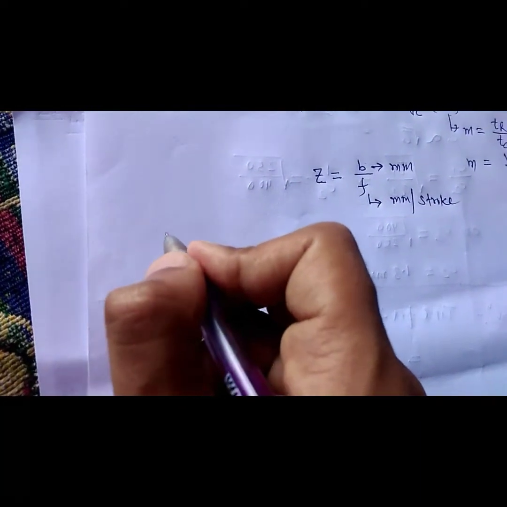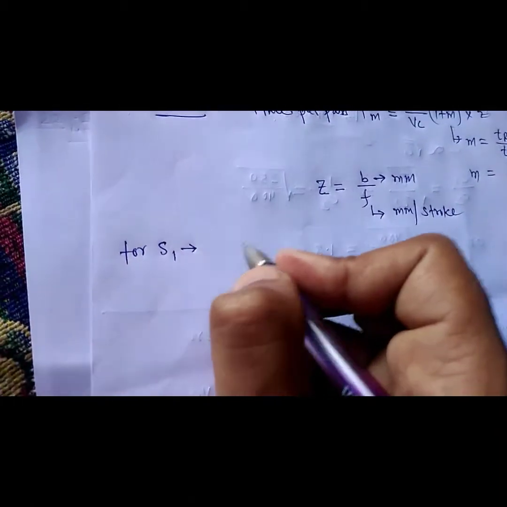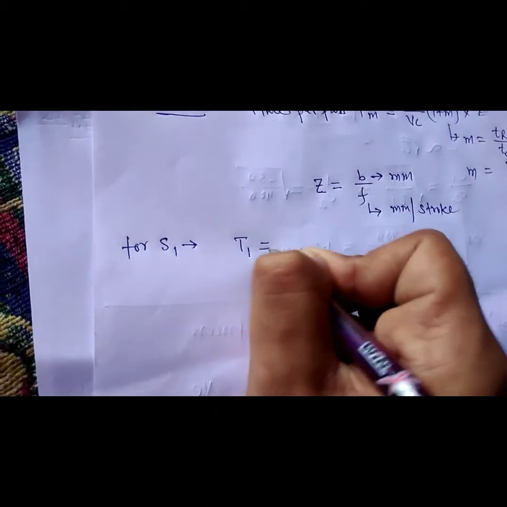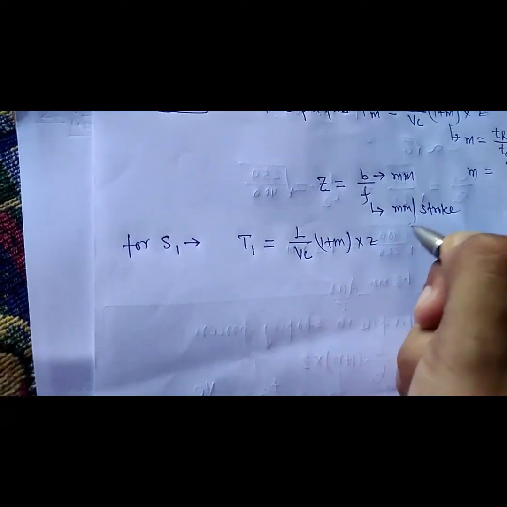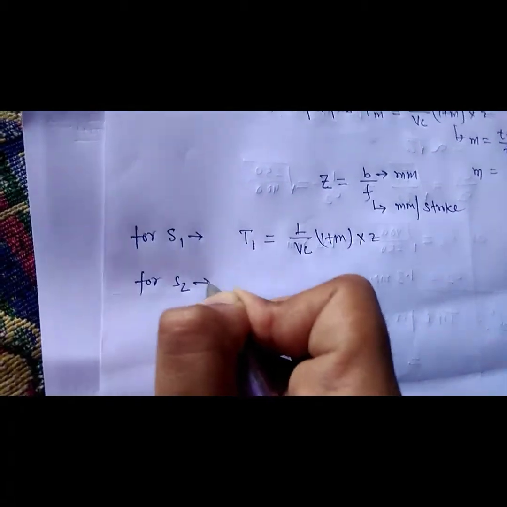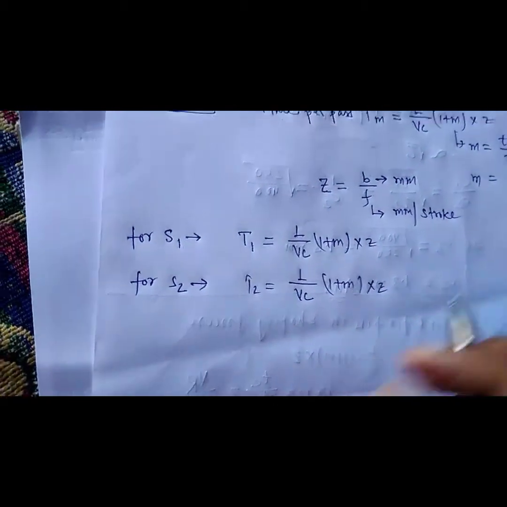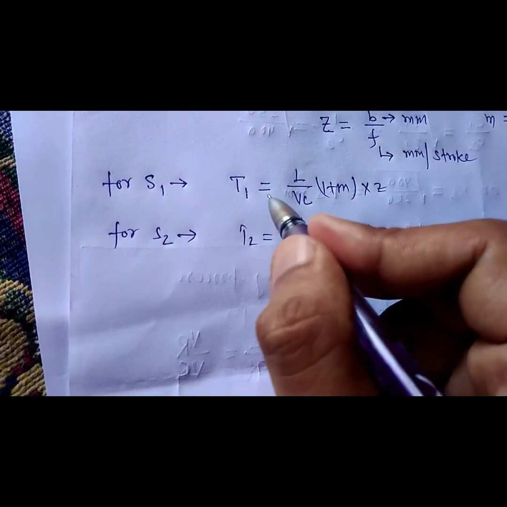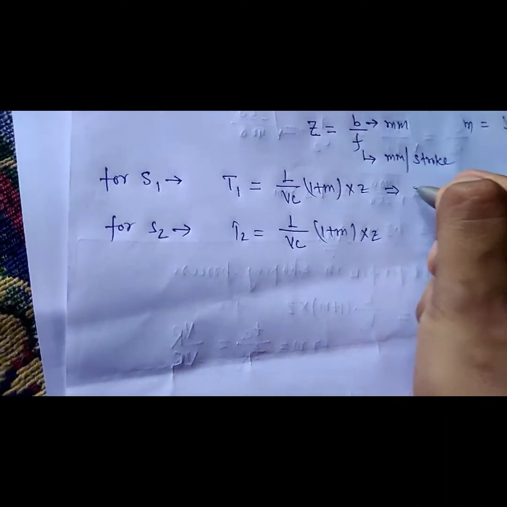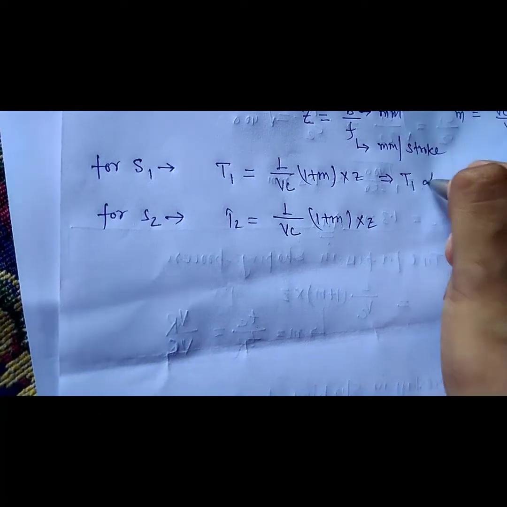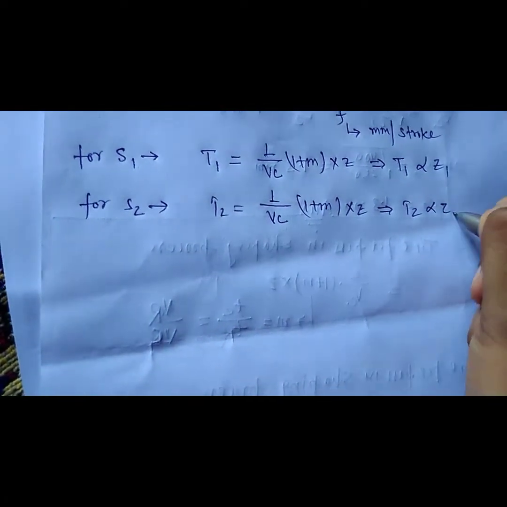For machine S1, T1 is equal to L upon Vc into (1 plus m) into Z. And for machine S2, T2 is equal to L upon Vc into (1 plus m) into Z. Here T1 and T2 will depend only upon B and F. So T1 will be proportional to Z1 and T2 will be proportional to Z2.